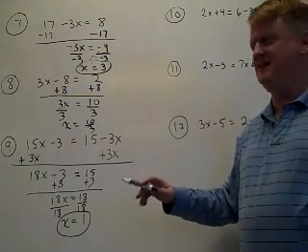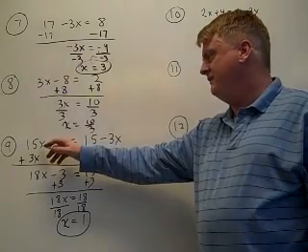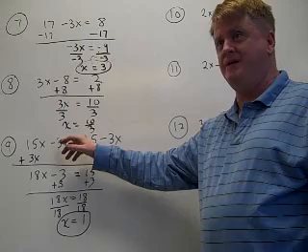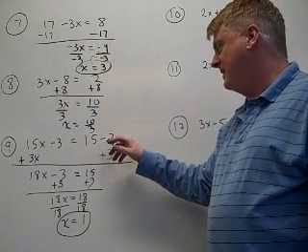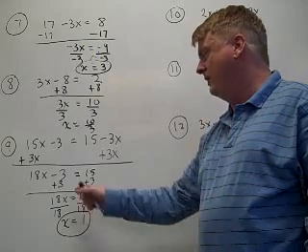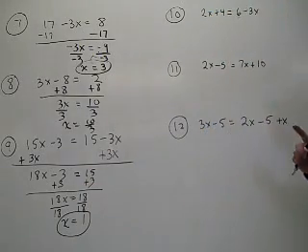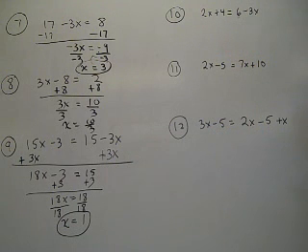Yeah, identity. This isn't one of those. If you tried 2 in here, 15 times 2 is 30, minus 3 is 27. And 15 minus 3 times 3 is 15 minus 9, or 6. Only 1 works in this one. We have some identities and contradictions coming up, but this isn't one of them.